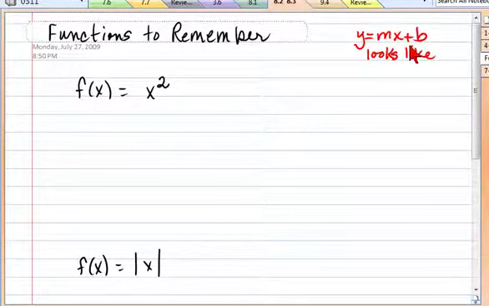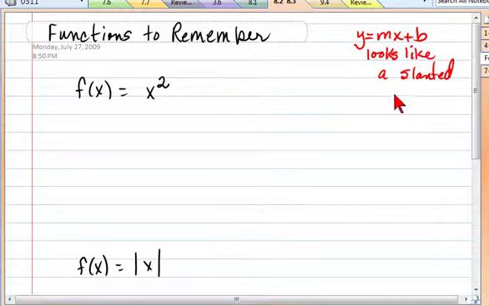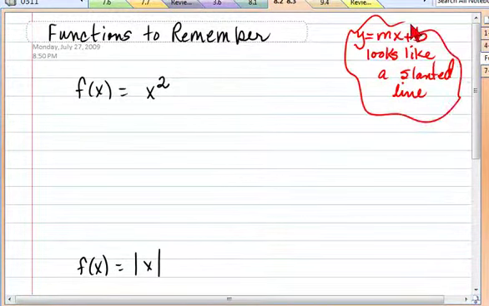There's going to be a slope, but how would you describe what I draw? A line. Yes, it's going to be a slanted line. You know that already.